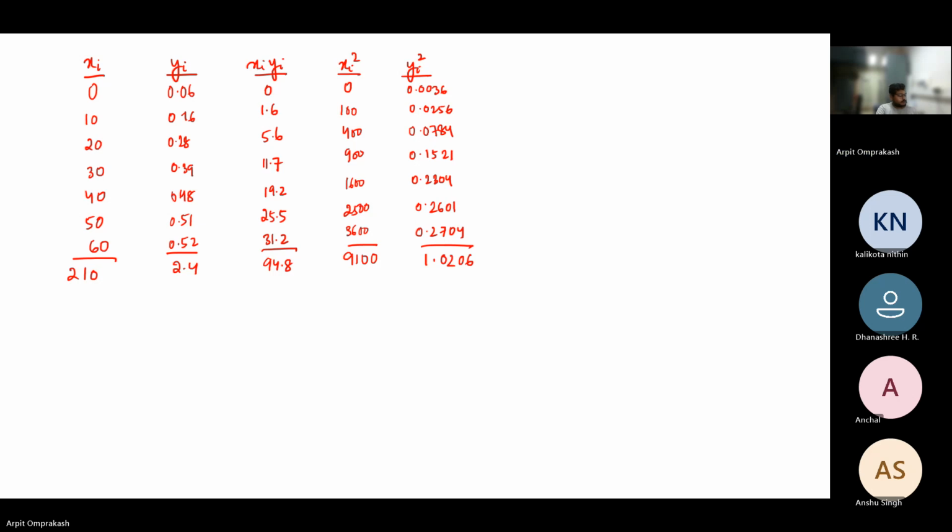So in this case, R is given as n into summation of Xi Yi minus summation of Xi summation of Yi, divided by n into summation of Xi square minus summation of Xi square.